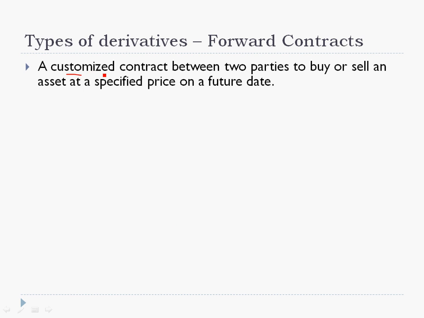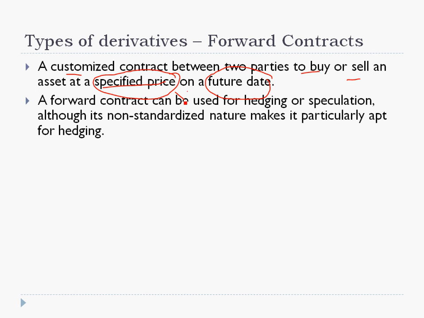So it's not standardized, it's customized contract between two parties to buy or sell an asset on a specific price on a future date. So on a specific price, the price is specified in the contract, and on a future date, the future date is mentioned, and as well as the quantity is mentioned, right? So these are the 3 things which are mentioned in the contract.